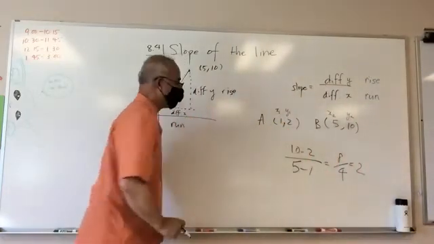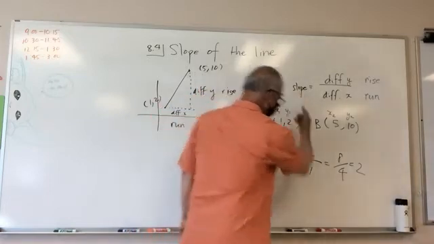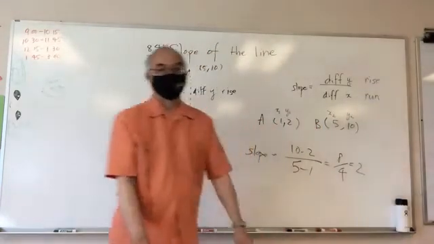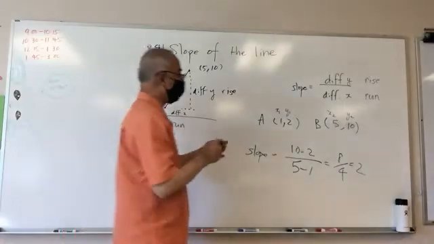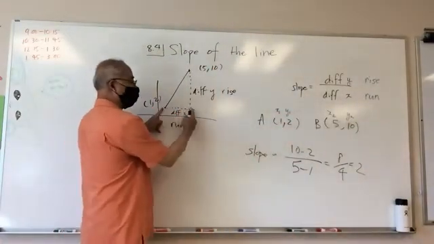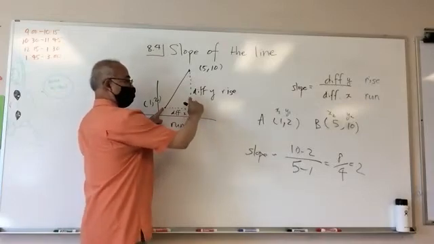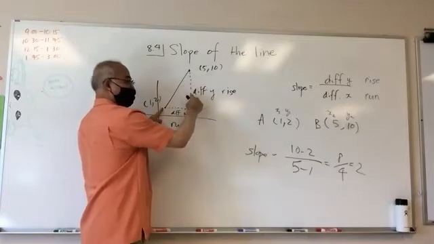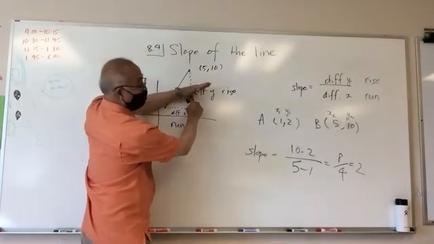So this was the slope. The slope is the rise over the run, the rise over the run, right? So if I had the same amount of run, but less rise than this, it would be somewhere over here, so the slope would go from here to here.